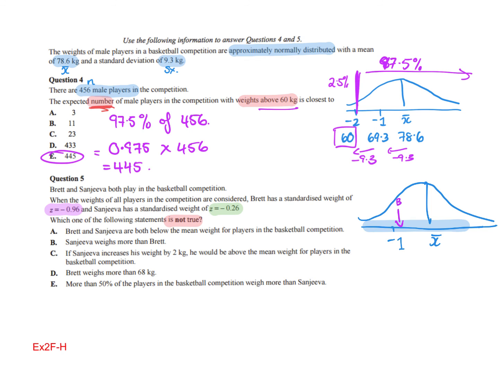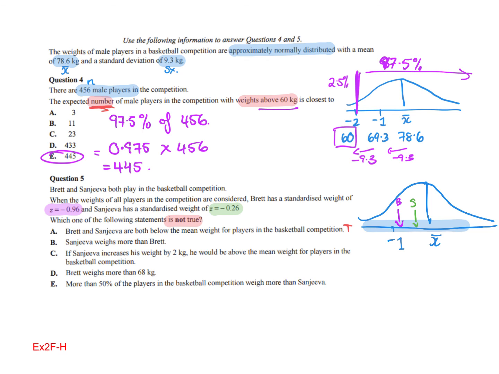He's closer to -1 and Sanjeeva is closer to 0. So here's Sanjeeva. All right, so now this will help me with reading the comments. So we're looking for what is not true. Brett and Sanjeeva are both below the mean in the basketball competition. That's true, isn't it? Yeah, that is true.